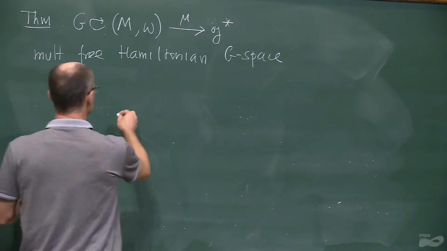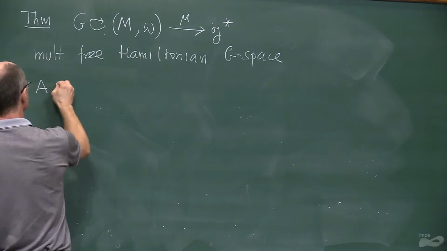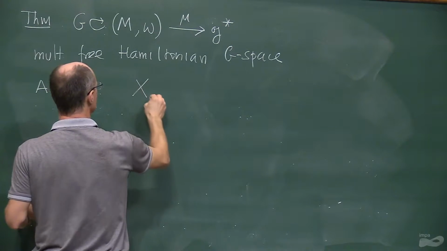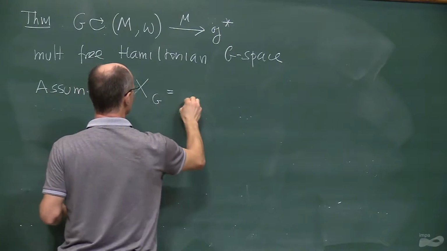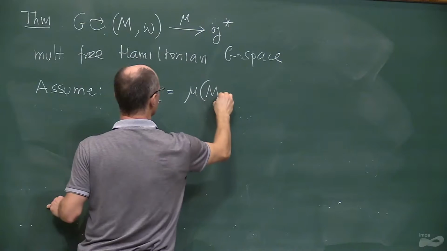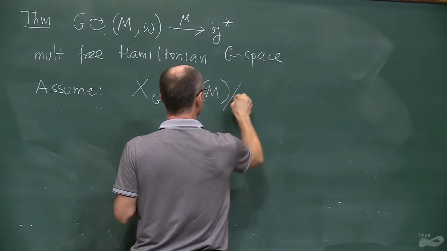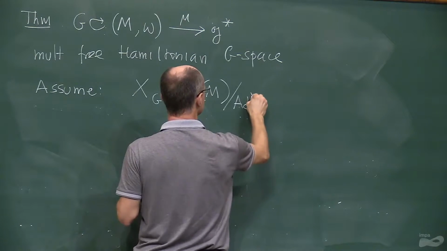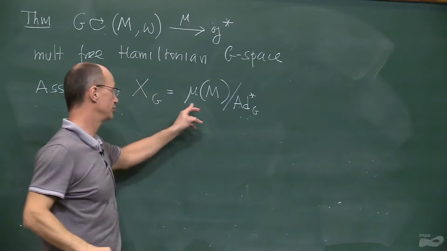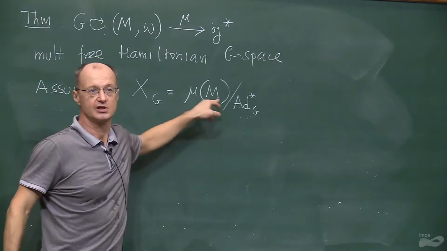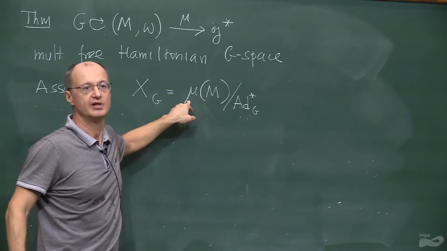And let's assume the following. Let me denote by X_G the image of M divided by the coadjoint action. So this will be in the Weyl chamber now.